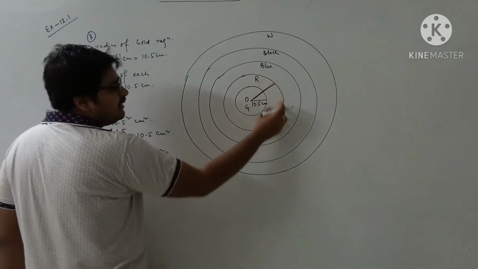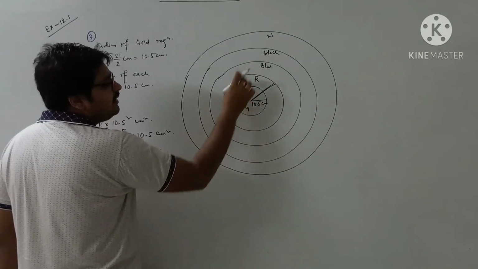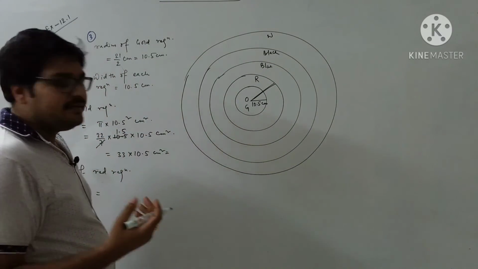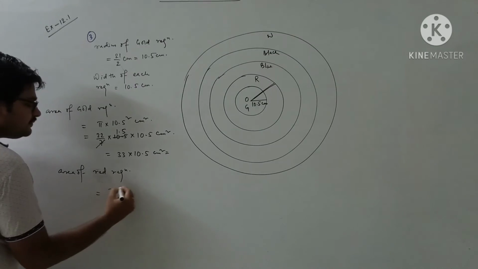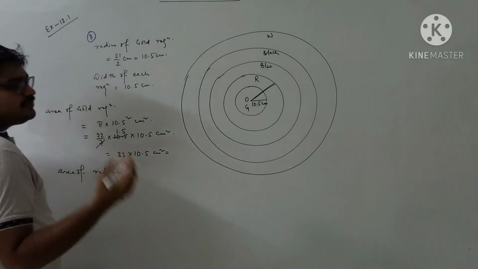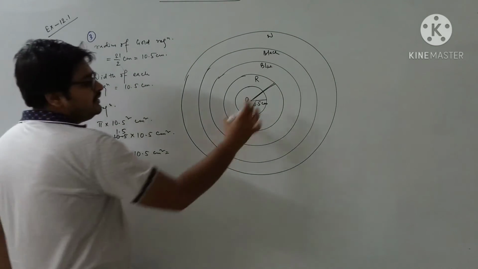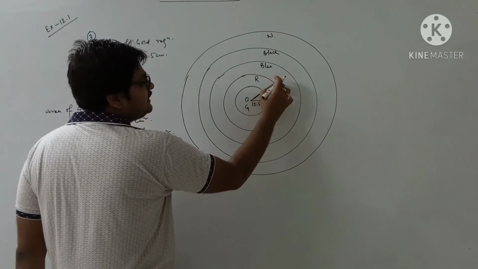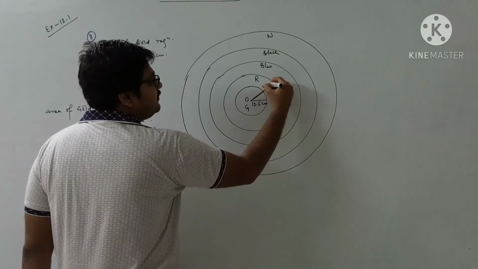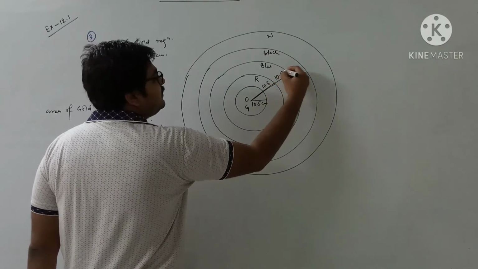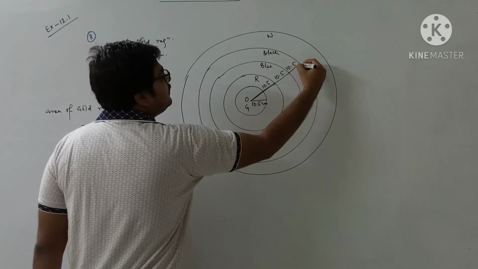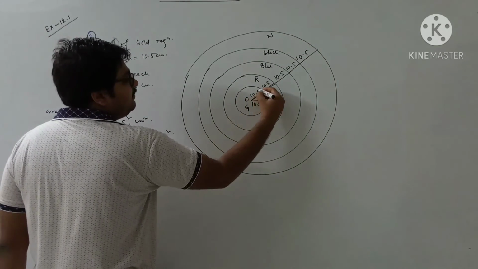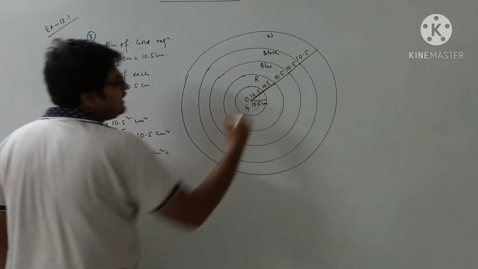This is actually a circular ring. Red region is a circular ring, blue region is a circular ring. The circular ring formula will apply: pi into (capital R square minus small r square). What is capital R? This bigger radius. How much is it? 10.5 plus 10.5, which comes to 21.